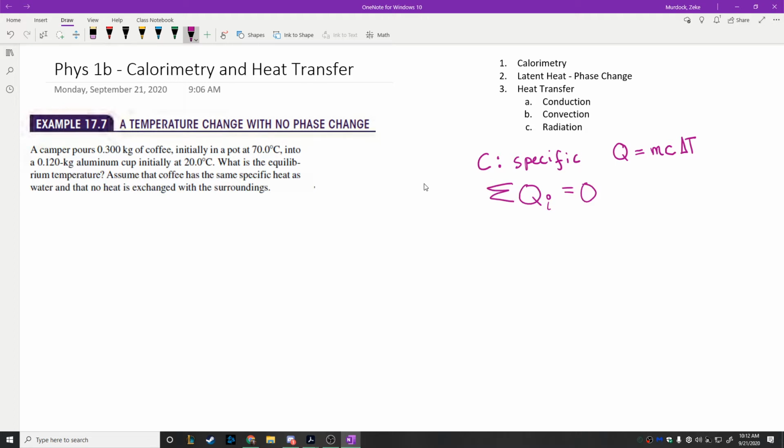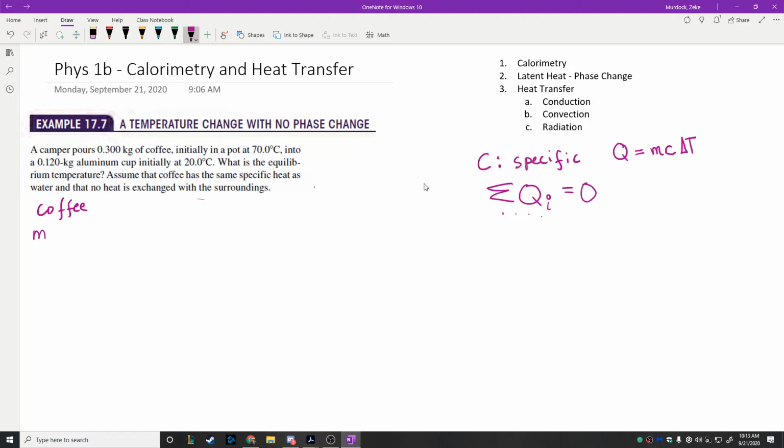Okay? So let's write down all the information that we have right here. How many different substances are going to show up in this equation? We've got coffee, for which we know what the mass is. It's 0.3, so let's write that down.